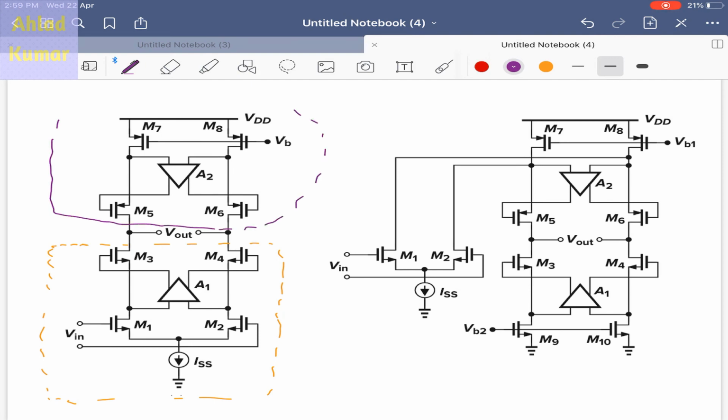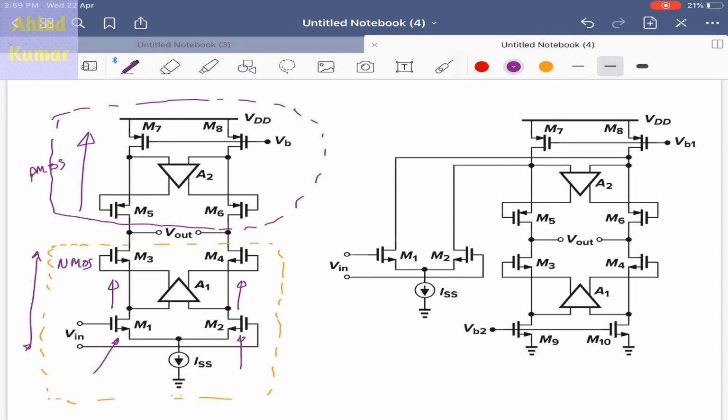So this block is acting as the load for this differential amplifier M1 and M2. Actually the load of M1 M2 starts from this side itself, but due to symmetry I am saying that this is the PMOS load and this is the NMOS load.